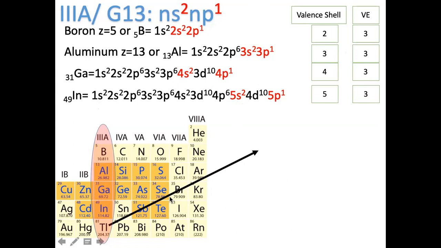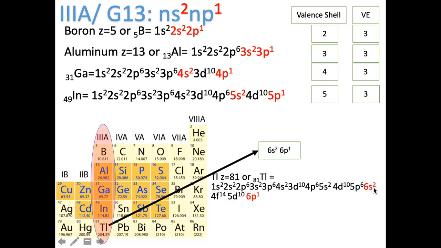And here, the ending of this would be 6s2, 6p1 for thallium. Let's try to get the electronic configuration, if that would be true. And this is now the electronic configuration of thallium. 6s2, and then the 6p1. The highest main energy level would be 6.